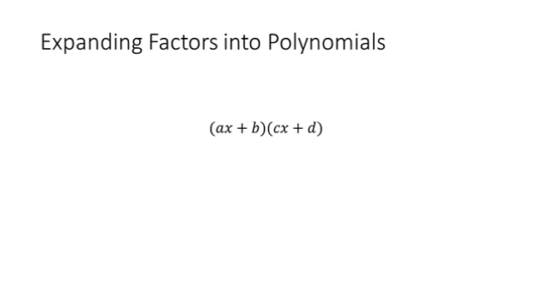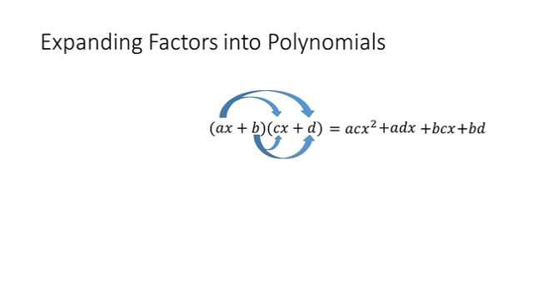In order to expand this set of factors out, we do something you probably remember from middle school math called the FOIL method. We take the first two terms multiplied together, the outside terms multiplied together, the inside terms multiplied together, and the last terms multiplied together.